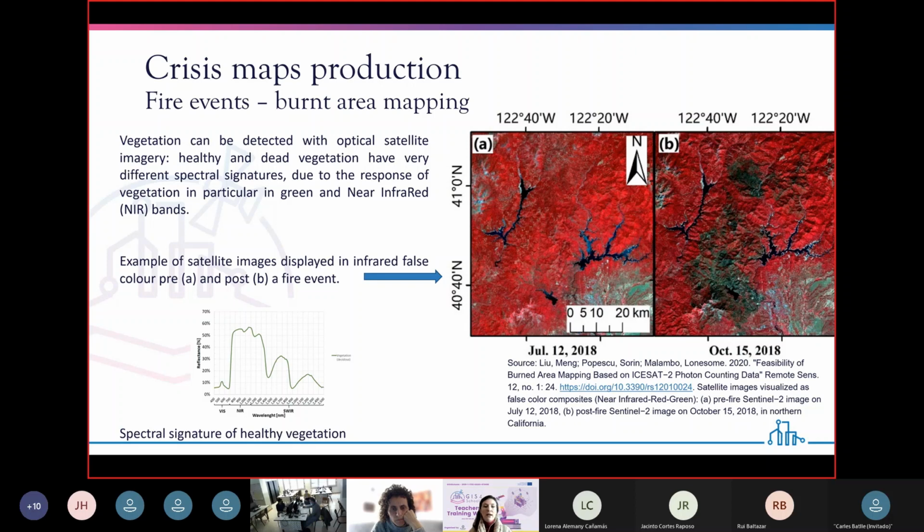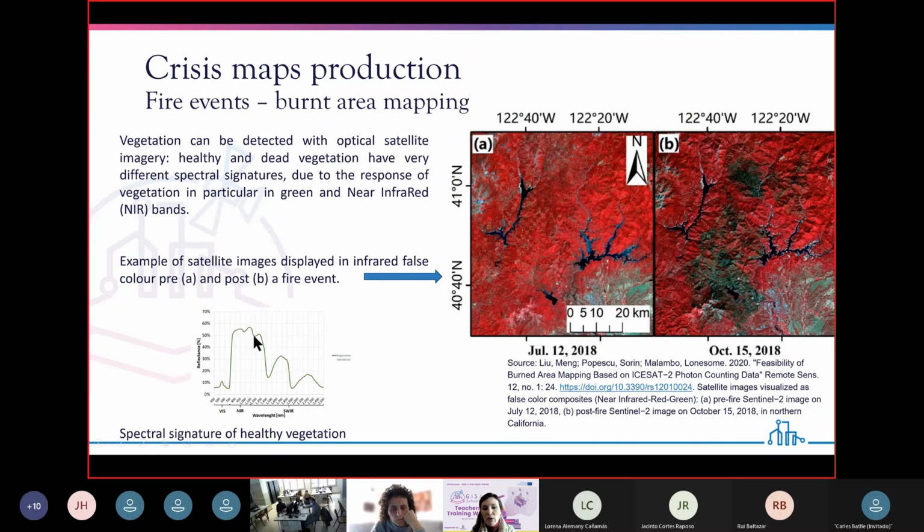And this is visible also here in the spectral signature of a healthy vegetation, in which we see that vegetation has a small peak in the green band. That's the reason why we see vegetation as green. But we can see also that we have a much higher peak in near infrared.